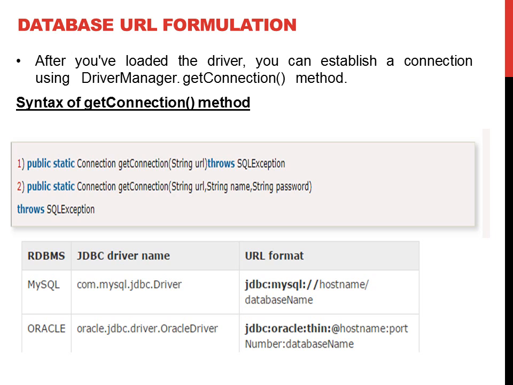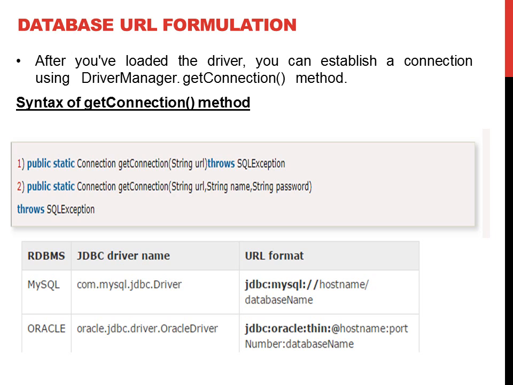In the second table, the URL format is given for the JDBC driver of MySQL and for Oracle database. The URL format of MySQL database is jdbc:mysql: then the host name and the database name. For Oracle database, the format is jdbc:oracle:thin: then the host name, the port number, as well as the database name.